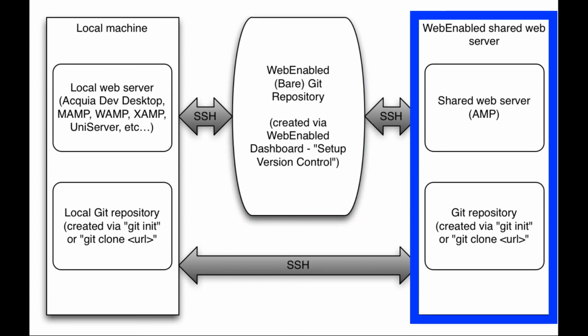Then we created an empty site on our web-enabled shared web server, and we used our git clone command to clone this repository. And then the last step was basically to install an empty site here, and then use backup and migrate to copy our database from our local machine to our shared server, and then use a standard SCP or SFTP program to copy our files directory over.